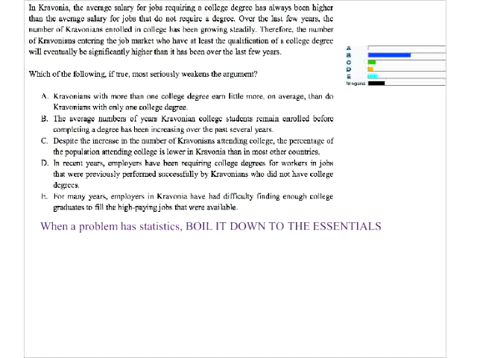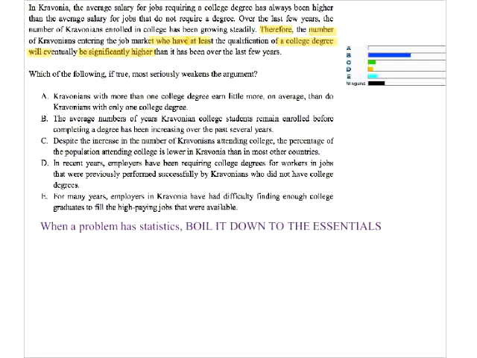So what's going on here is the conclusion of this argument is the number of Cravonians who have at least a college degree will grow. So this is only an argument. That means the first statement is really just a background statement.